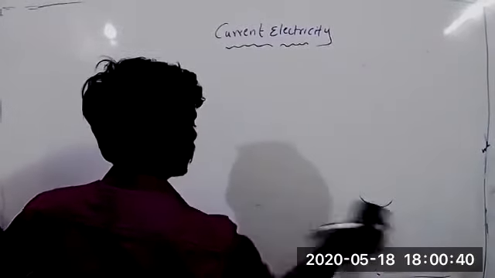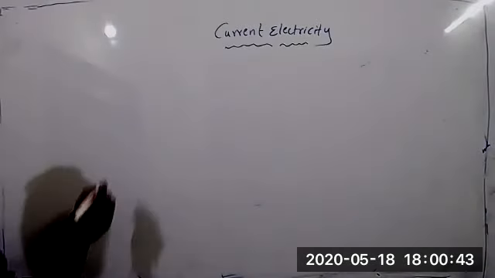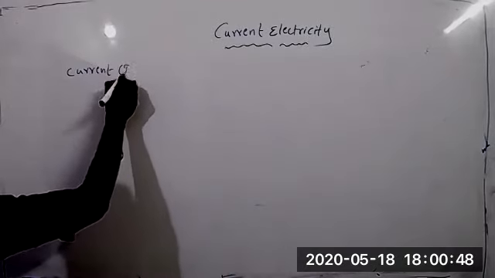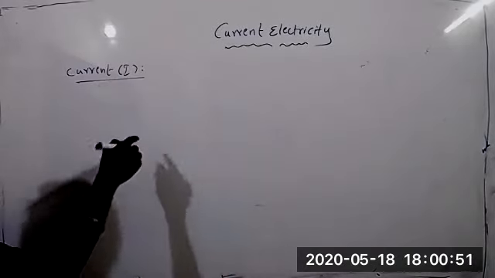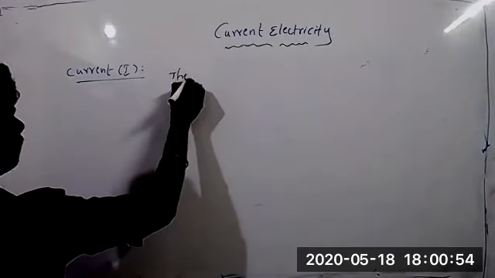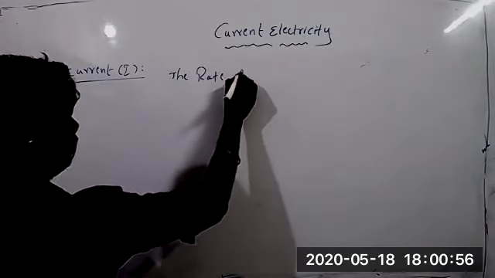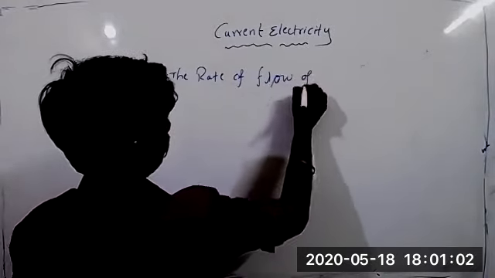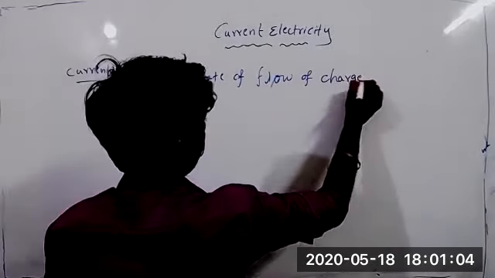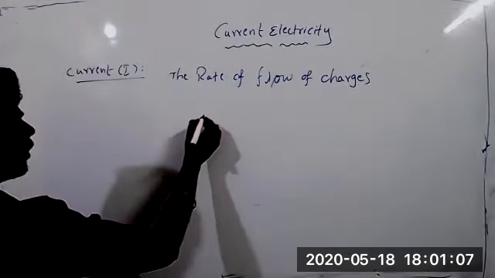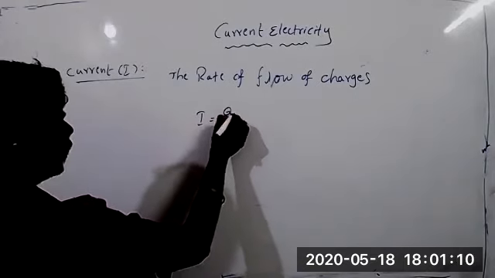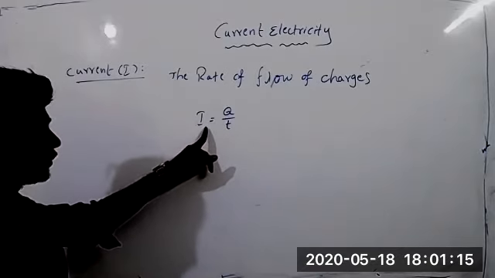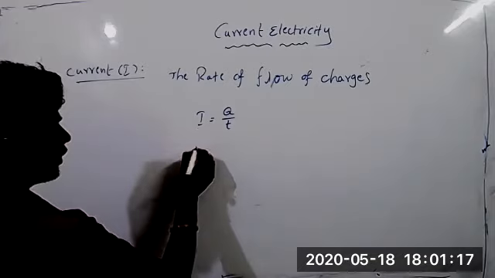Current is denoted with the letter I. The rate of flow of charges means I is equal to Q by T. The time rate of flow of charges causes current. Current is measured in ampere.